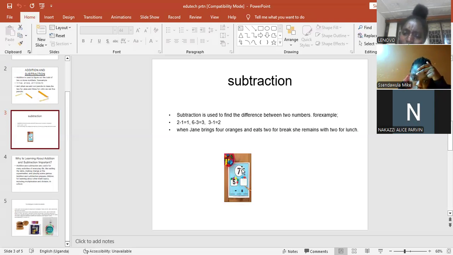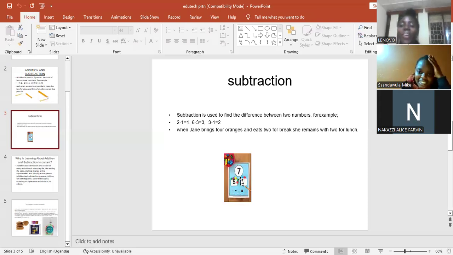So did they add 7 plus 5 and get 2, or did they subtract? They subtracted 5 from 7, okay? And they got which answer? They got 2.